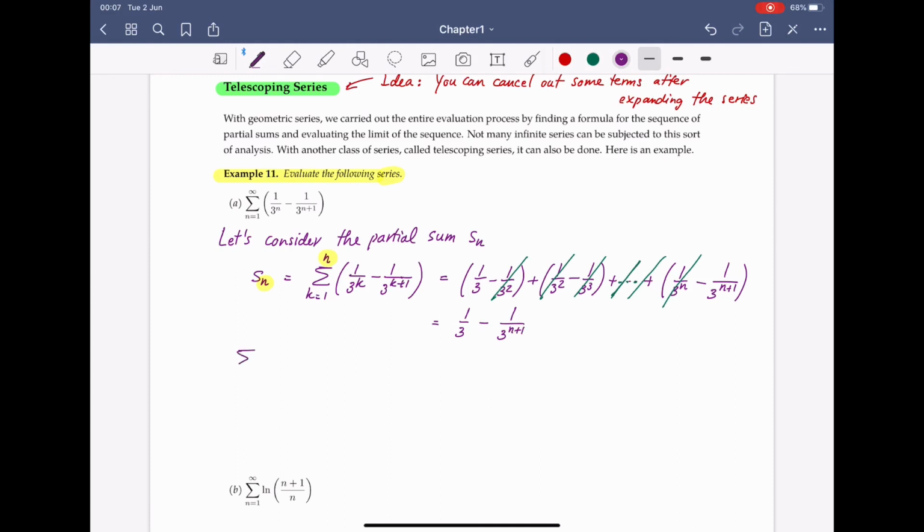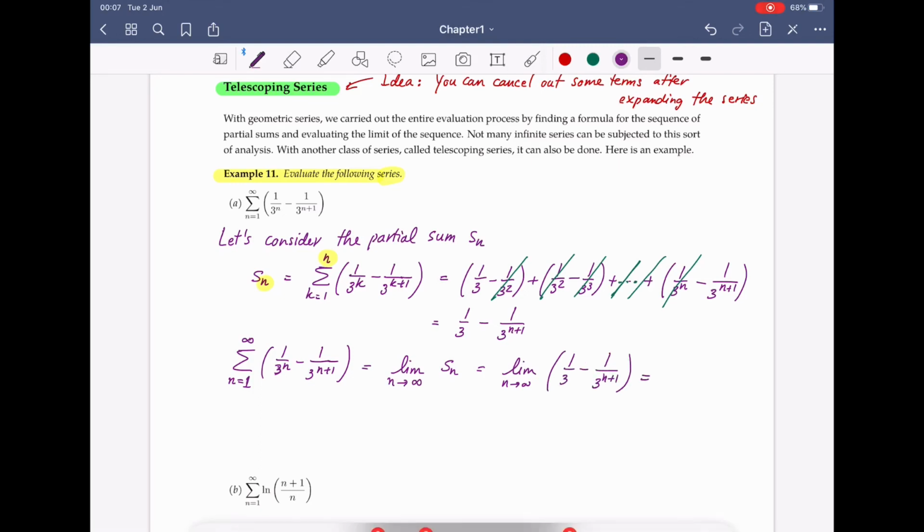And then the value of the series, the summation of 1 over 3 to the n minus 1 over 3 to the n plus 1, from 1 to infinity, is going to be the limit of Sn when n goes to infinity. And this is the limit of 1/3 minus 1 over 3 to the n plus 1.